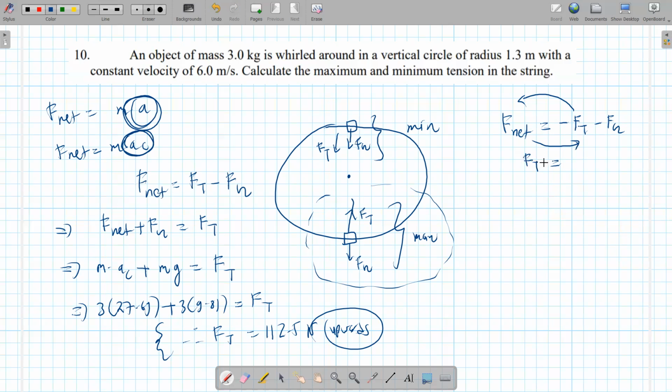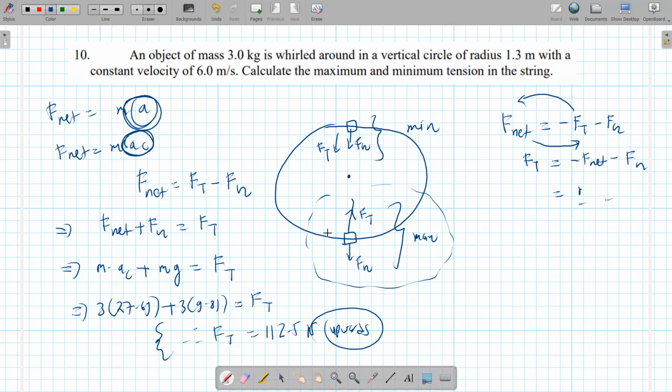Negative F net minus FG. And you just do the math: M times the acceleration AC, and minus 9.8 times the mass. Then from here, you just plug in the numbers.